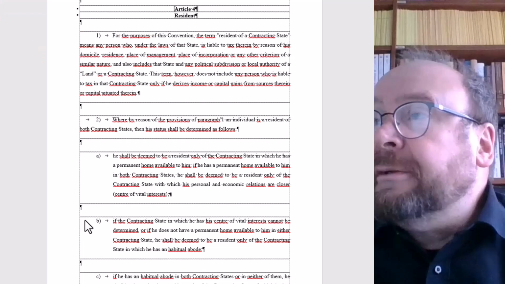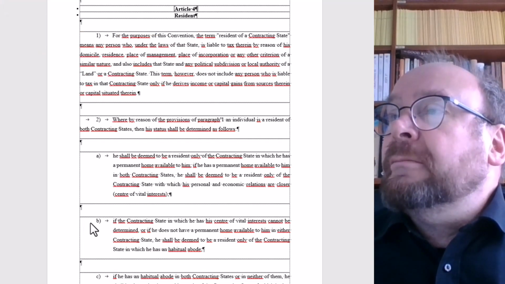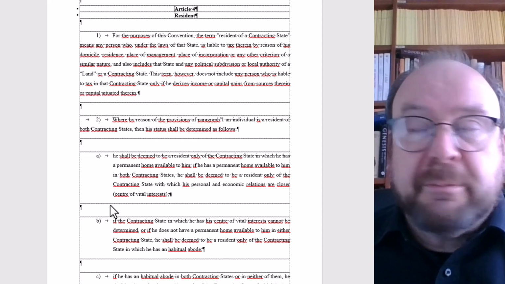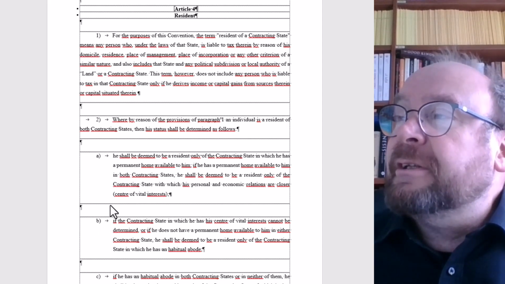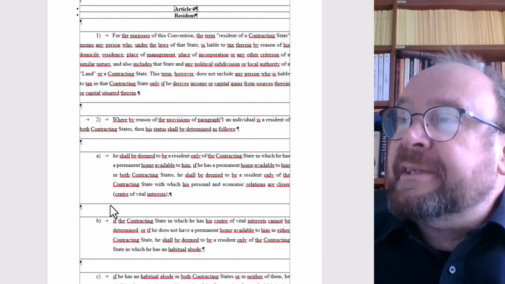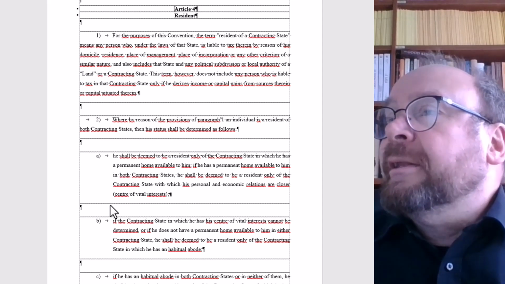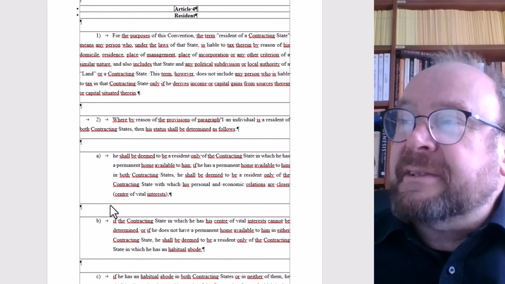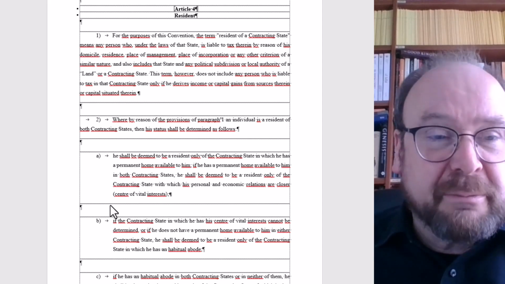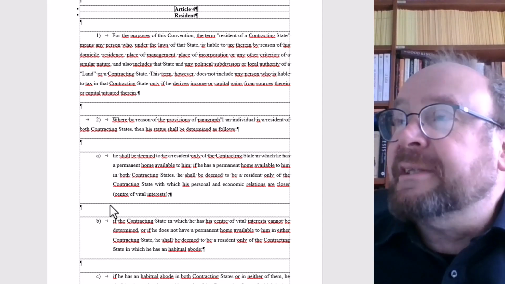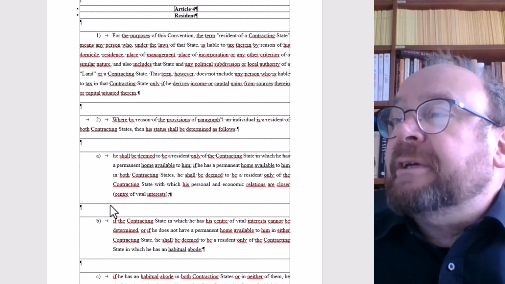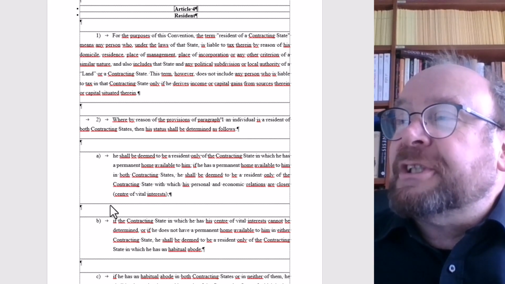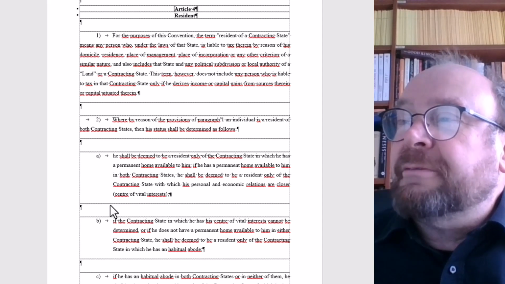Let's have a look. Here it is for 4.2, where by reason of the provisions of the first paragraph, an individual is a resident of both states, as in our case here, then his status shall be determined as follows. He shall be deemed to be resident only of the contracting state in which he has a permanent home. That is here in both states. If he has a permanent home in both states, he shall be deemed to be resident only of the contracting state with which his personal and economic relations are closer.